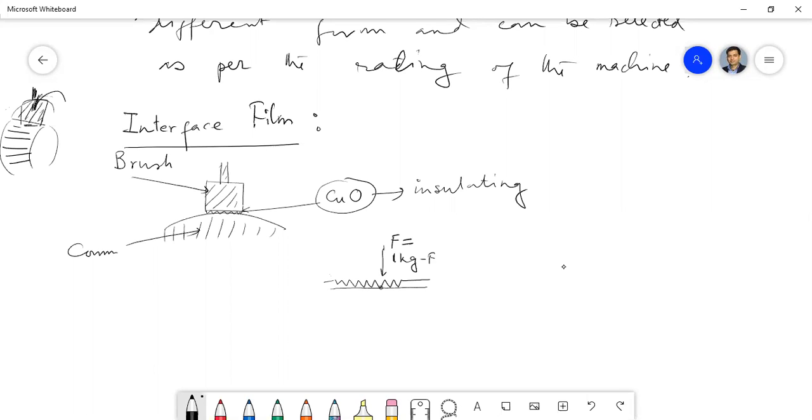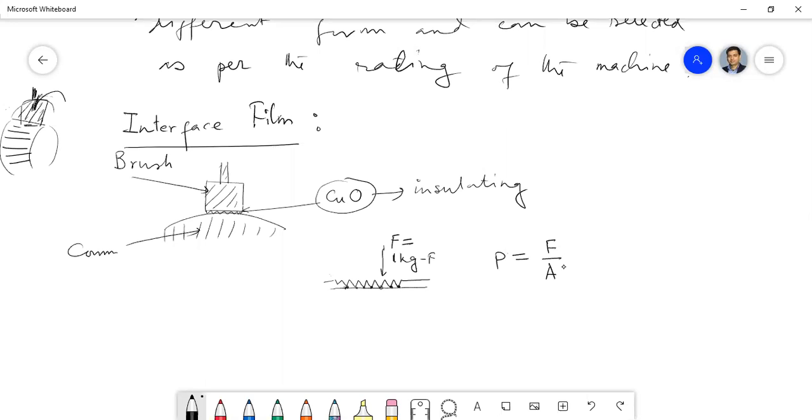Now the actual pressure which we can calculate is P equals F by A. Now this A is basically the area of actual contact between the brush and the commutator surface, and we can say this is very small, in the order of a few nanometers or few angstroms.